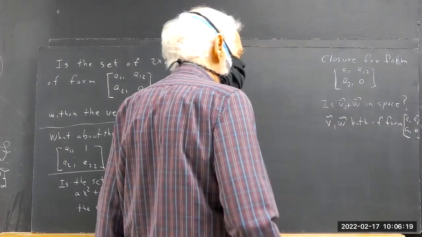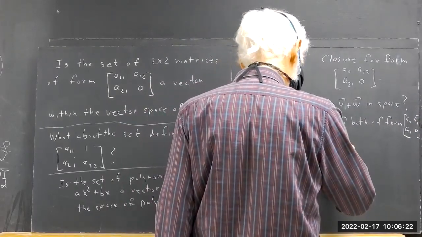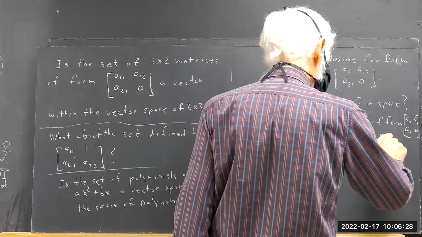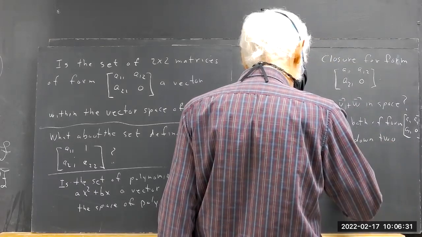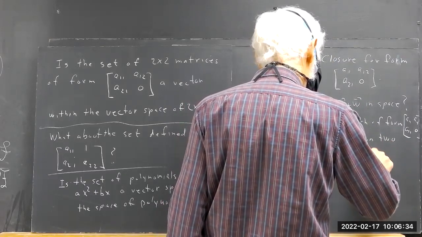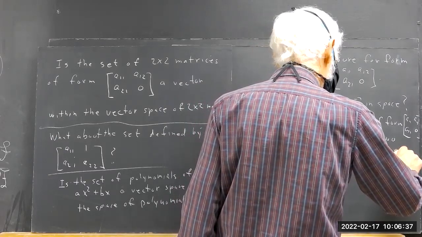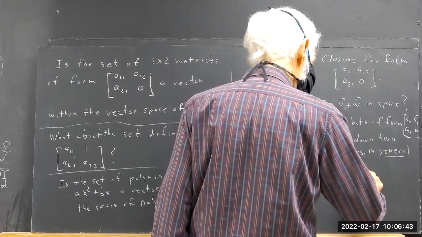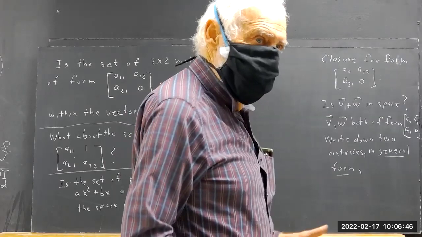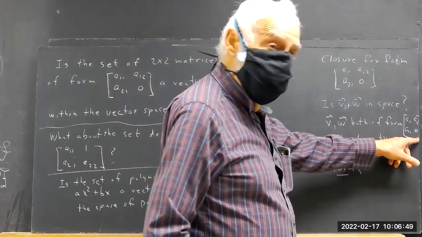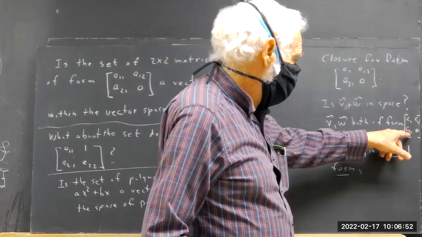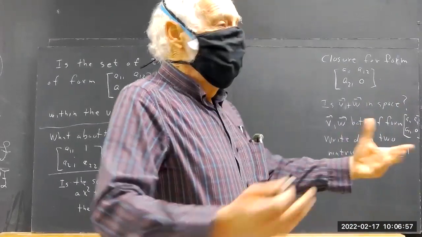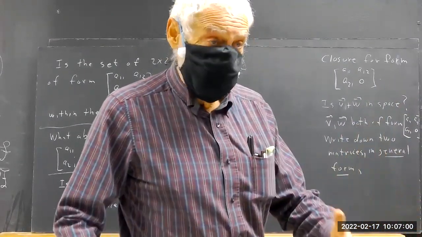So how am I going to write down two matrices in general form? That means I don't write down 2, 3, 4, 0, and -1, -7, 5, 0. I don't make up numbers. I use symbols. General form means it could be any matrix. The numbers could be anything.